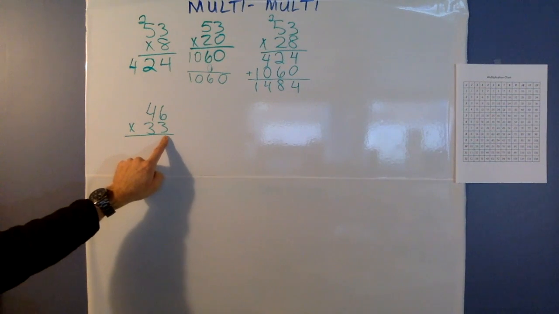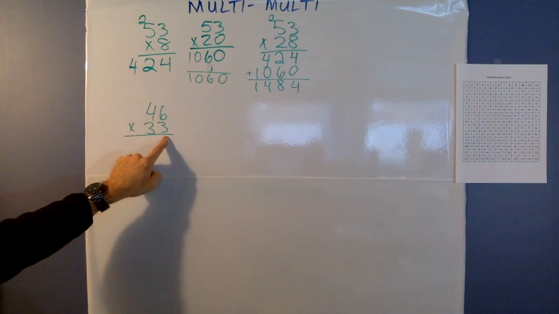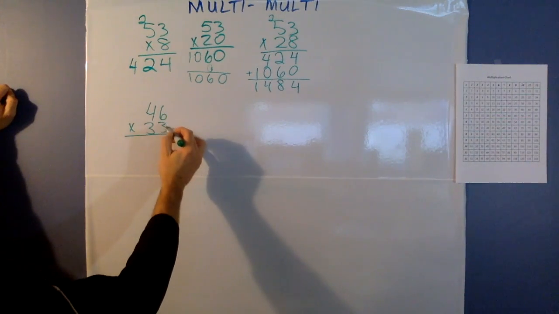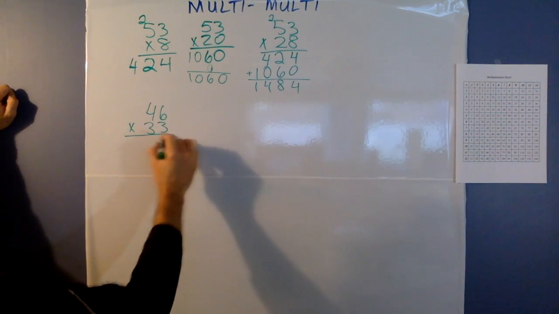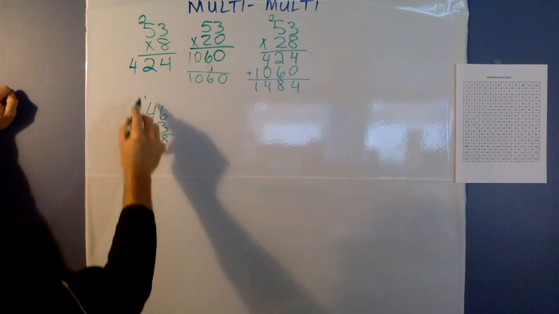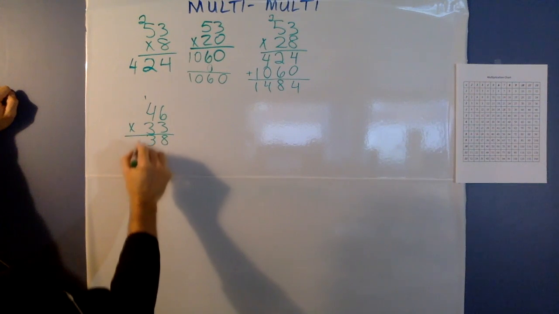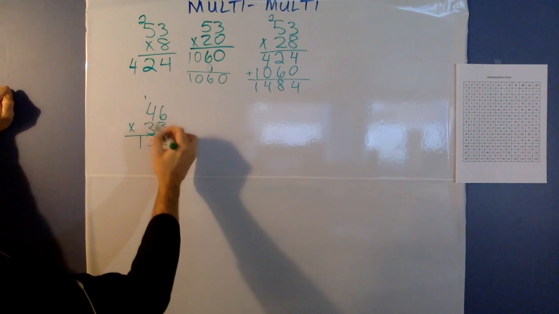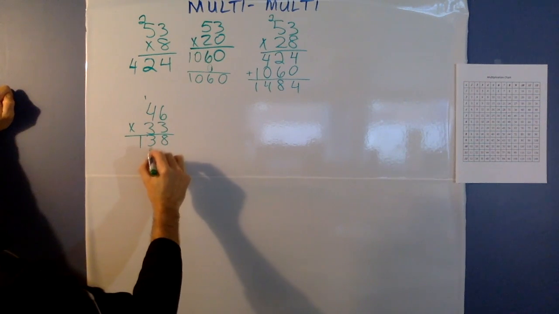I'm going to start off, as always, with the number on the far right of the bottom row. I'm going to do 6 times 3. 6 times 3 is 18. 4 times 3 is 12 plus 1 gives me 13. 30 times 6 is 180.